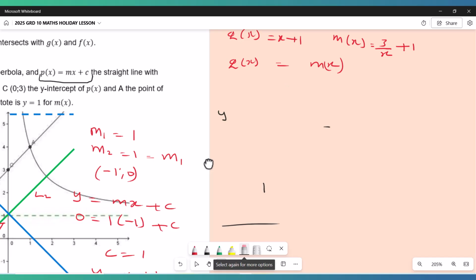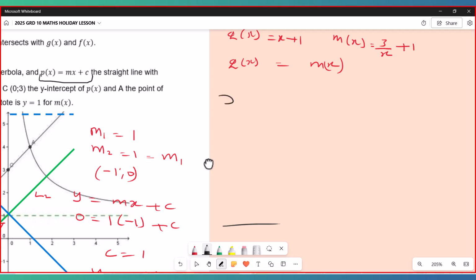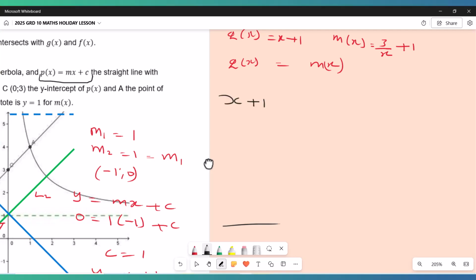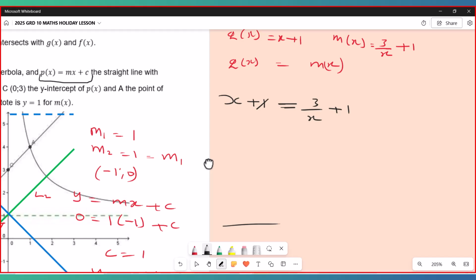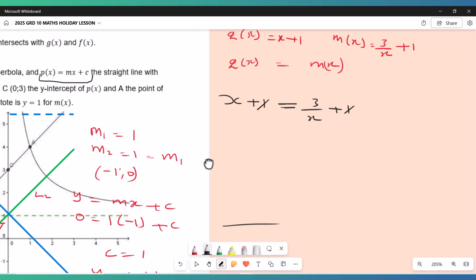To equate these two equations, I have x plus 1 equals 3 over x plus 1. Now this 1 and this 1 are going to cancel.